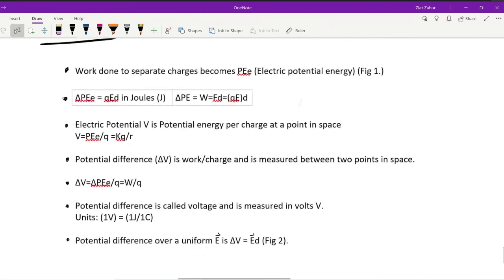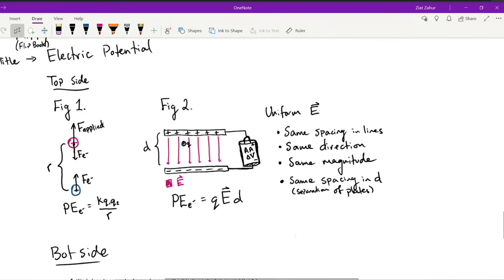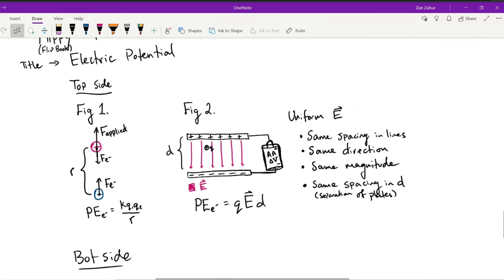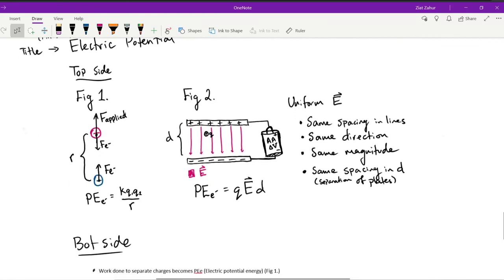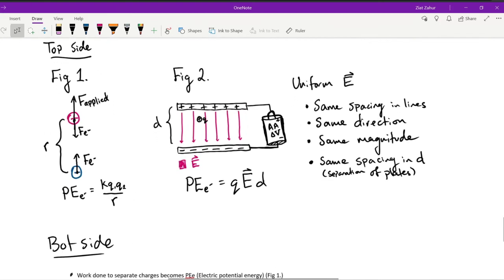All right, so let's take a look. At the top, you should have these two pictures. The title is Electric Potential. We have figure 1, which is two charges. One's a positive charge, and the forces are applied from the center of mass. One's a negative charge.